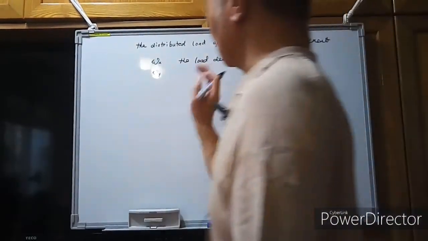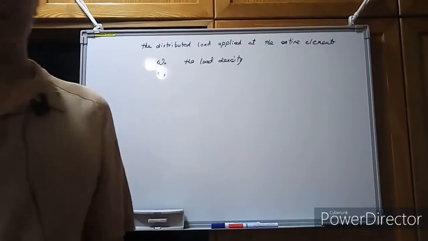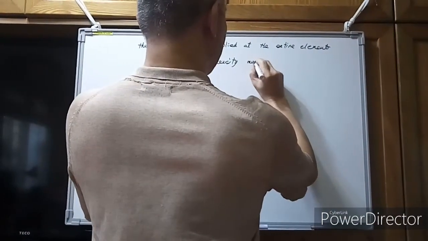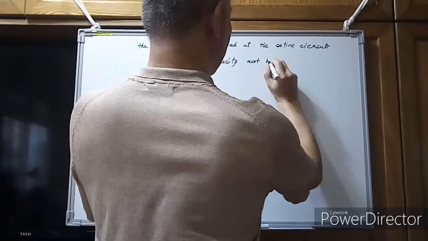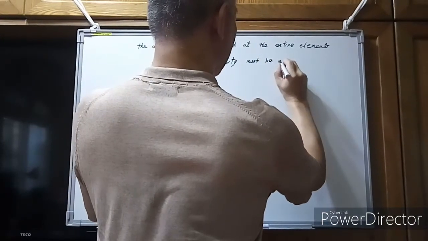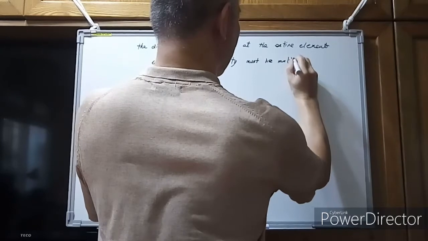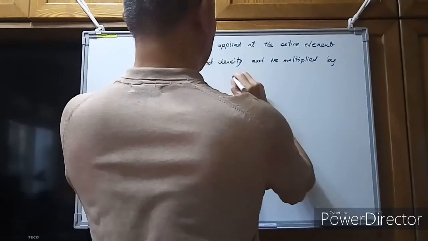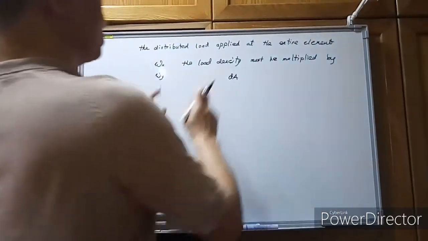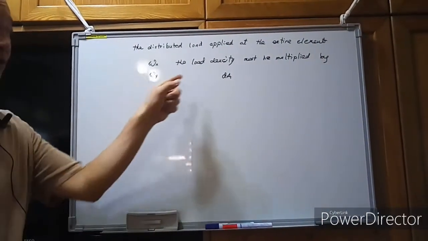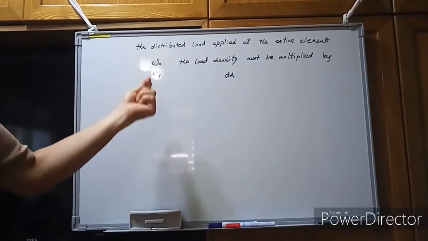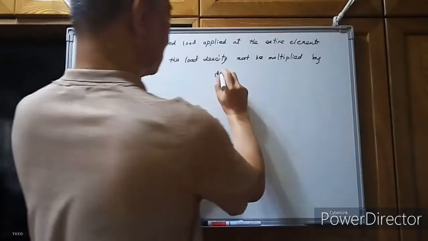But right now, the load density must be multiplied by the dA. So we need to multiply the Wx and the Wy by the dA, the area in the real element.